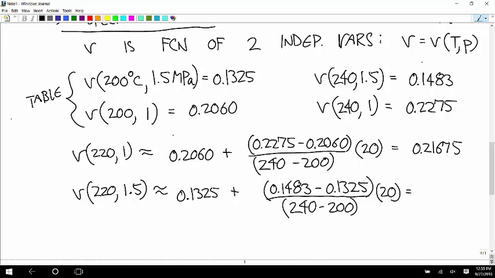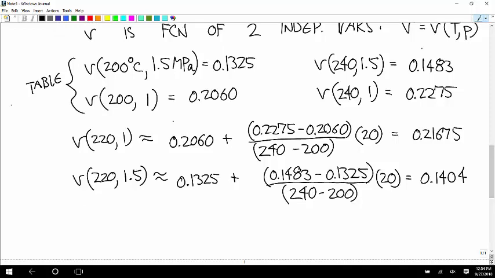And what do you get for that? 0.1404. And so now we have approximate values for the specific volume at two different pressures, but the same temperature.